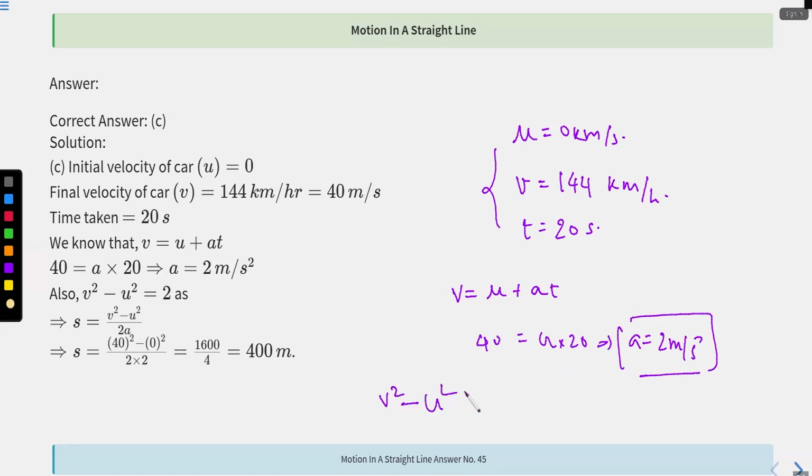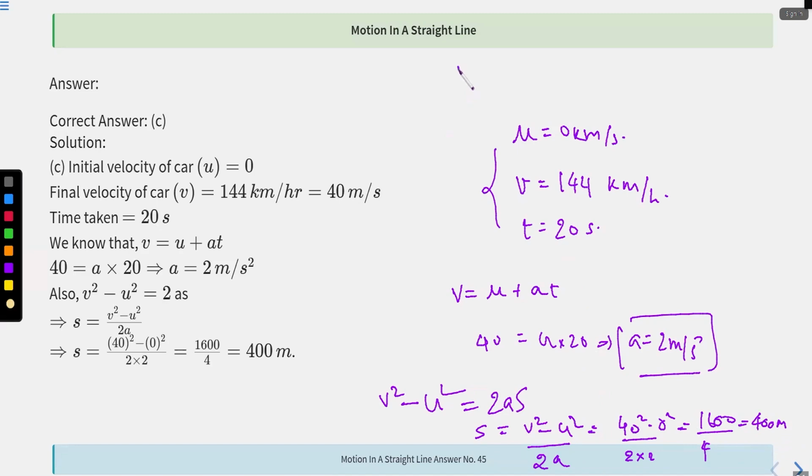So v square minus u square is equal to 2as. From this, s is equal to v square minus u square divided by 2a. This comes out to be 40 square minus 0 square divided by 2 into 2. 40 square is 1600. 1600 divided by 4 is 400. So the car has traveled 400 meters. See, I have converted this kilometer per hour into meter per second. Okay, units should be the same. So to convert kilometer per hour to meter per second, you just have to multiply by 5 by 18. Okay.